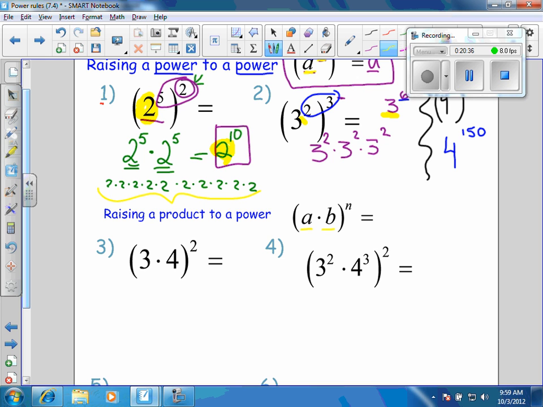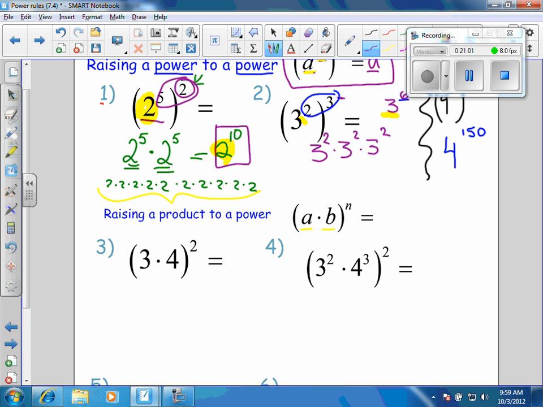So Matthew, for number 3, is it 12 times 12? 3 times 4 is 12. It's true, it's 12 times 12. Let me ask you if you could write that without expanding the inside. Somebody do it leaving exponents in the problem. Sean? 3 squared times 4 squared.